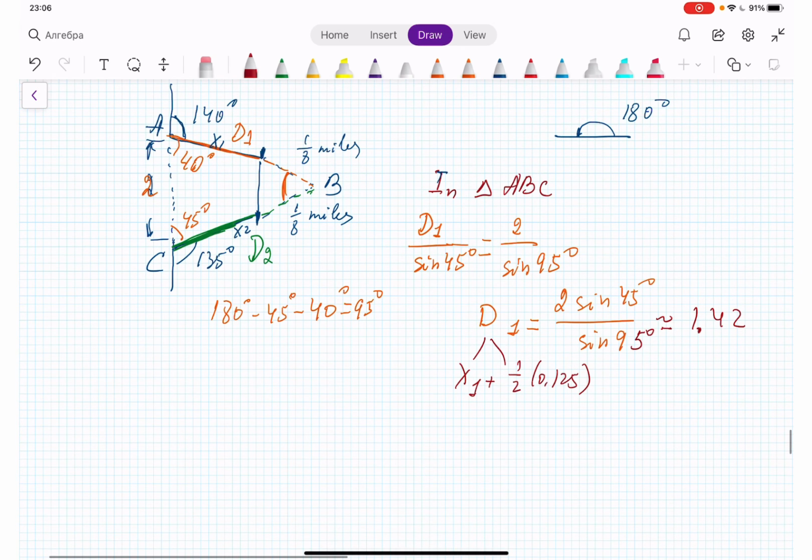Now let's find D2, this side of the triangle. D2 over sine 40, opposite angle, equals 2 over sine 95 again.